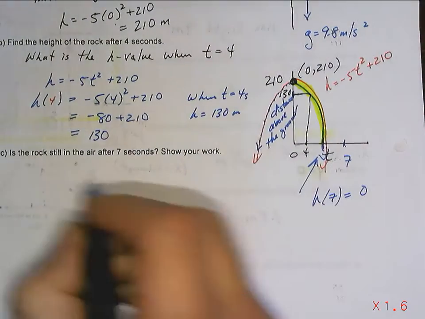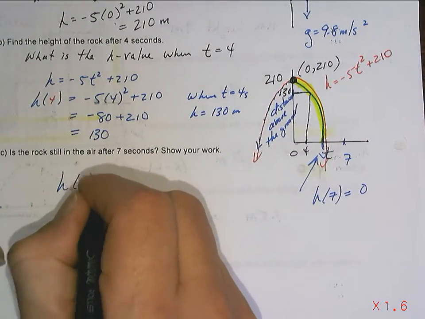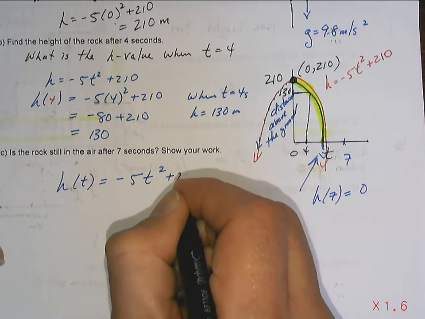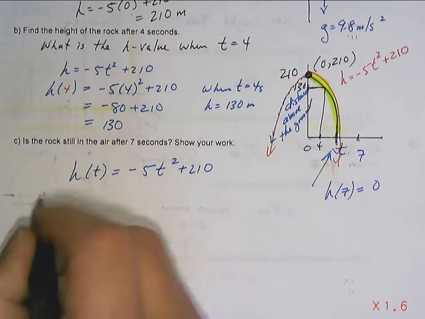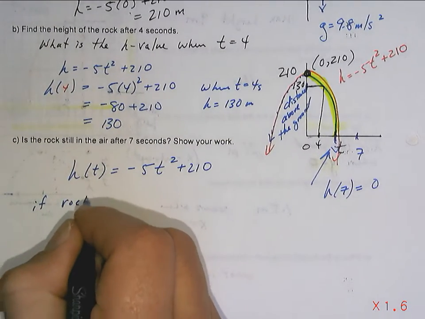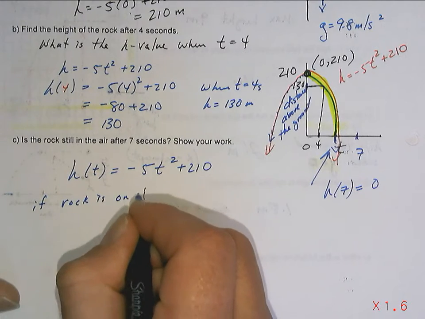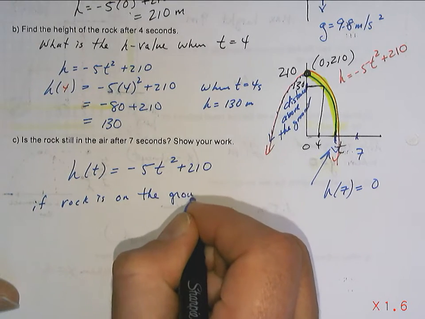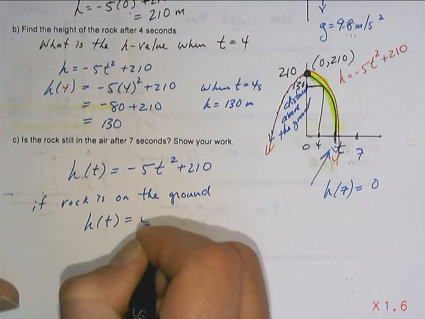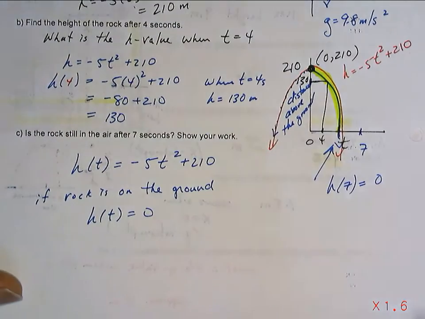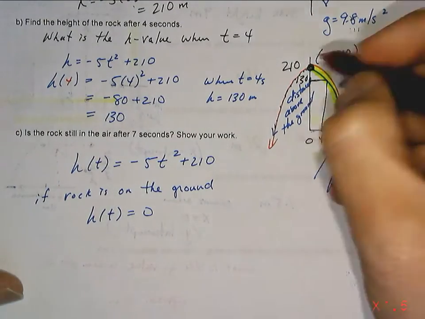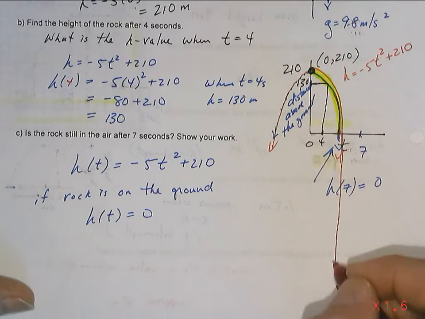So this gives you the height of the rock for different values of t. If the rock is on the ground, then h of t will equal 0. Now, what happens if 7 is after it hits the ground? Well, according to my math, the parabola keeps going.